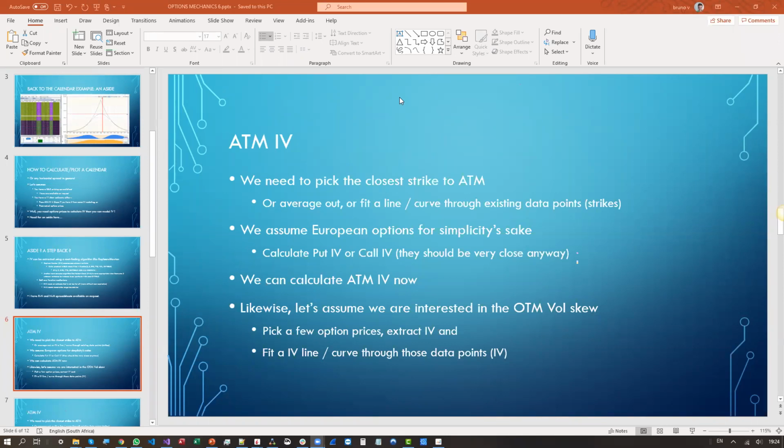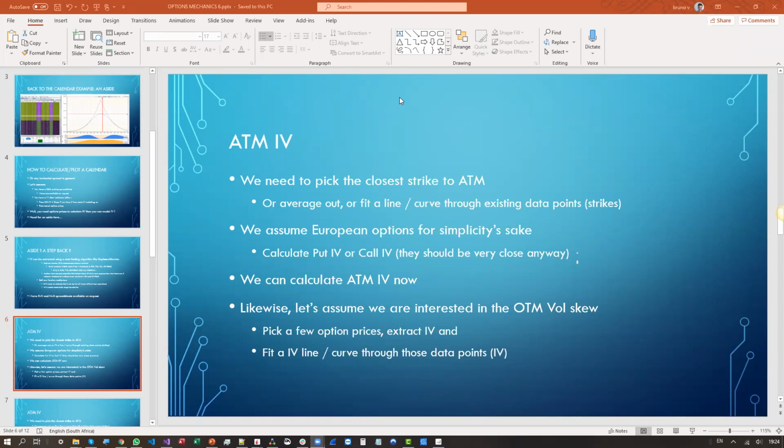For a polynomial of degree 2, like a parabola, you need 3 and better get 4, something like that. So once you have ATM IV and you have your gradients, you have a simple but pretty accurate IV skew.